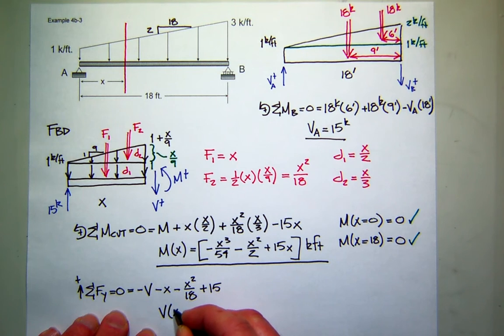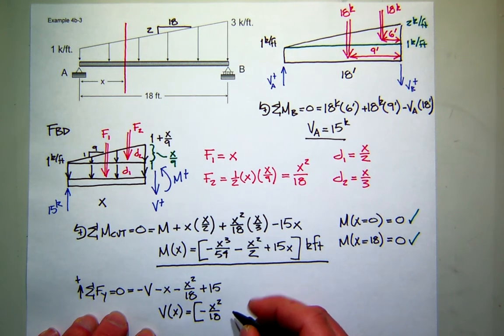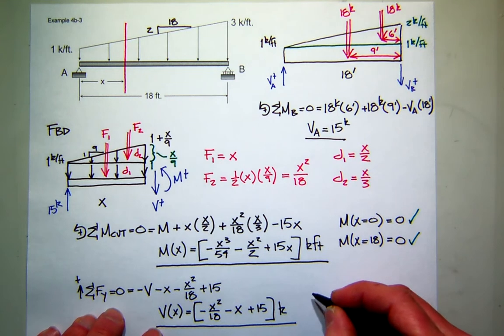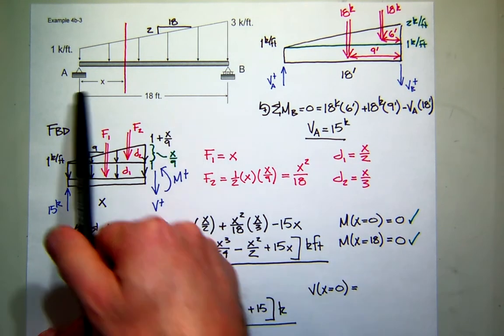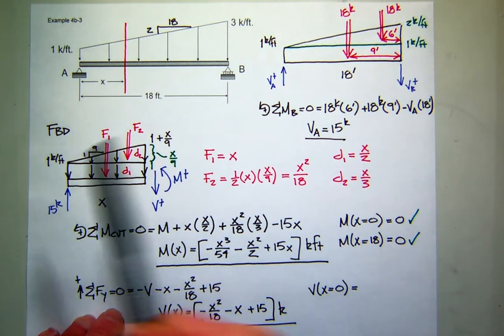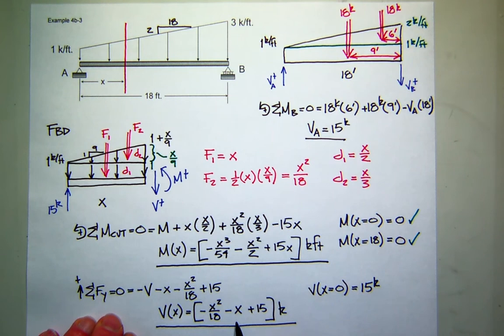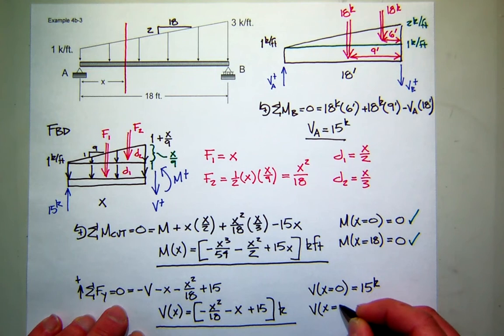So shear as a function of x looks like it's going to be minus x squared over 18 minus x plus 15. And that should have the units of kips. Now, do we know the shear at x equals 0? What is the shear at A? We found it. It's 15. And does our equation give us 15 at x equals 0? Yes. It does.